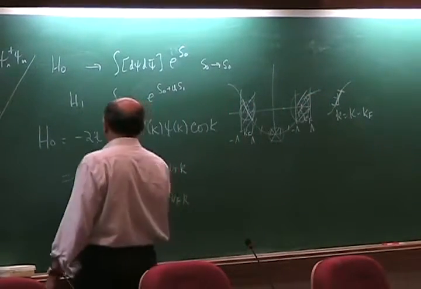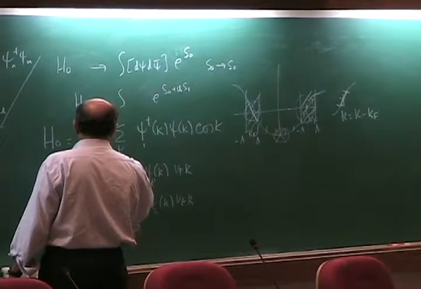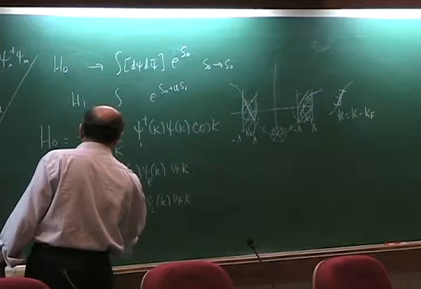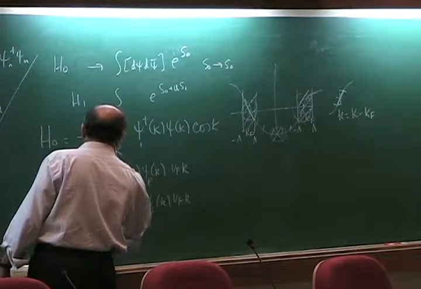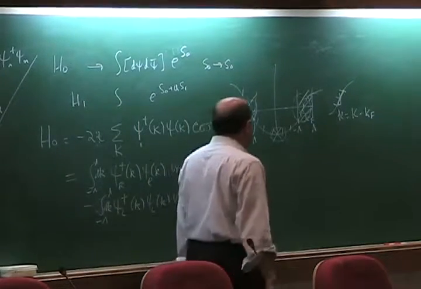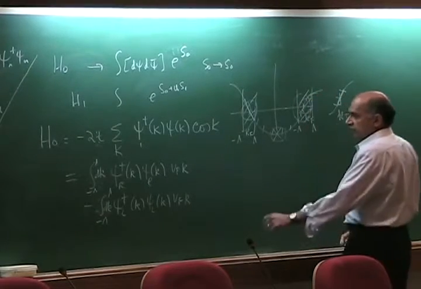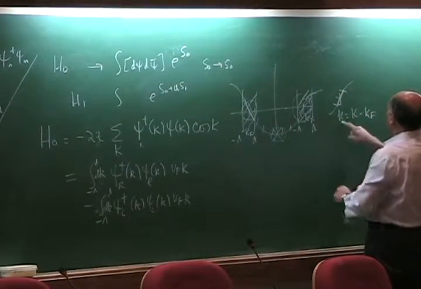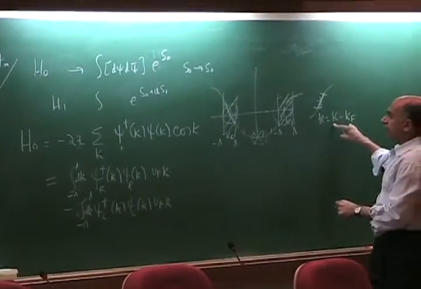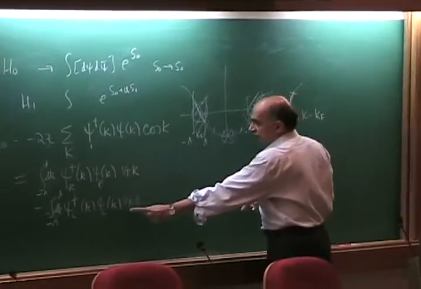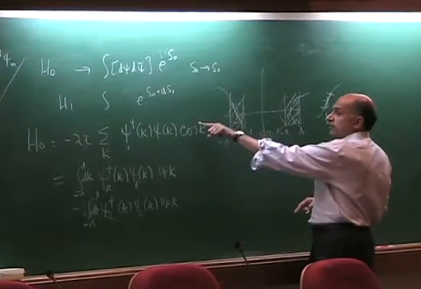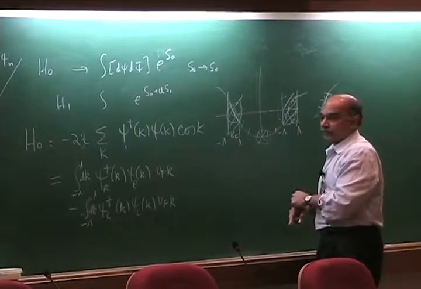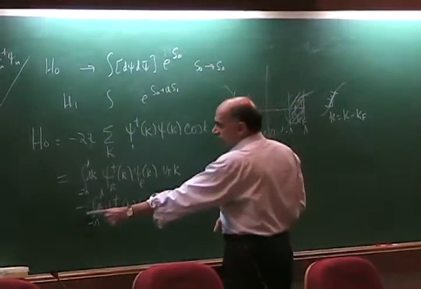This sum I'm going to replace by an integral dk from minus lambda to lambda, and this one is also an integral dk from minus lambda to lambda. Near the right Fermi point, if I increase little k, the energy goes up. That slope is what I'm calling the Fermi velocity. Near the left Fermi point, if I increase k, the energy goes down. That's why this comes out with a minus sign.